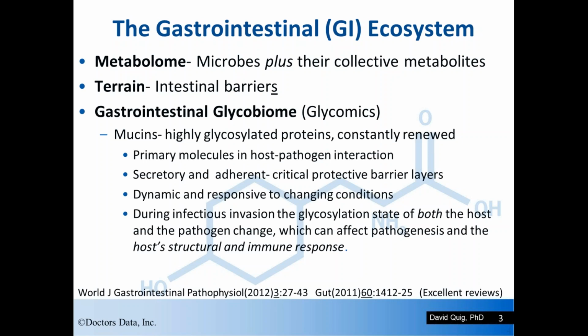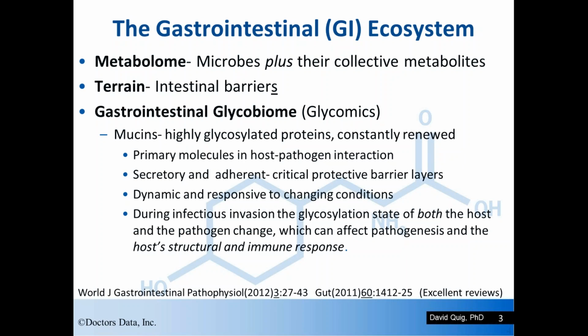Of pivotal importance in the gastrointestinal glycobiome are the mucins, which are highly glycosylated proteins that are constantly renewed. They are the primary molecules involved in host-pathogen interaction. There are both secretory and non-secretory adherent mucins, both of which form critical protective barrier layers.